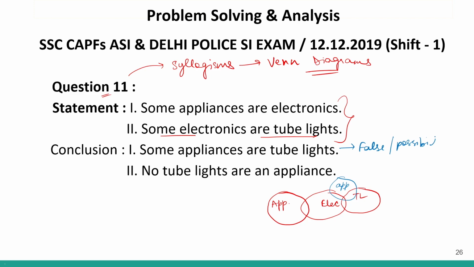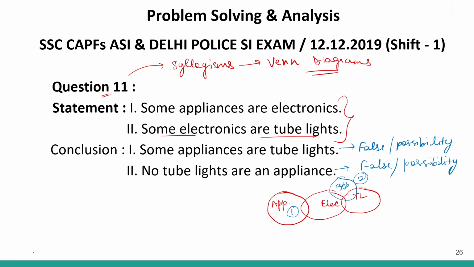I'd always told you that we look at the definitive true statement. No tube lights are an appliance. So, over here, this is possibility 2, this is possibility 1, where appliance and tube lights do not overlap. So, this is also false, but this is also a possibility. Correct? Now, I can say that either 1 or 2 will be correct. Why? Because either they overlap or they don't. Only 2 possibilities.